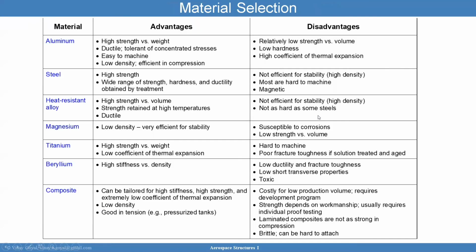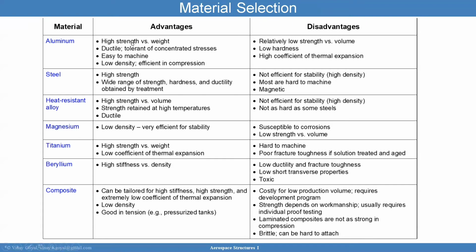And so I want to discuss now some of the material selection ideas here, looking at a more top-level view. Aluminum has low density, is efficient in compression, is easy to machine, is ductile and tolerant to concentrated stresses.